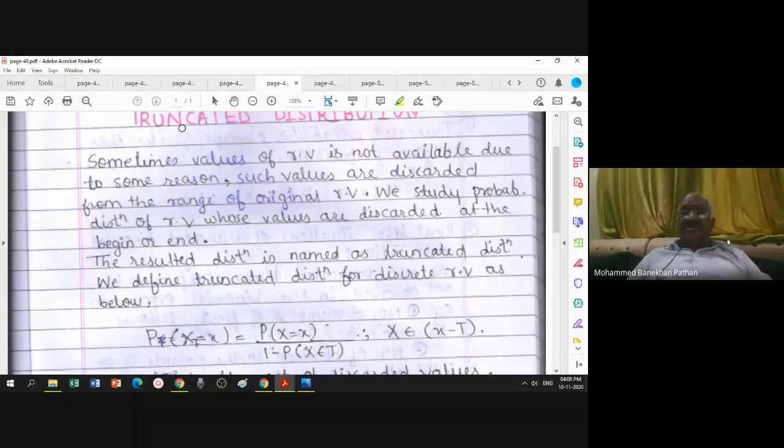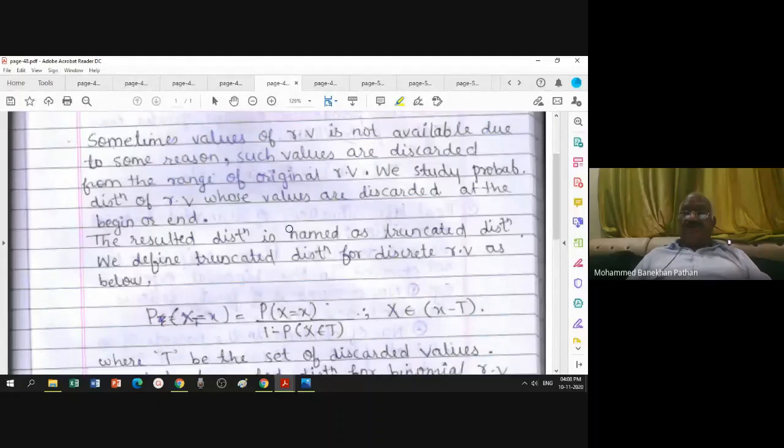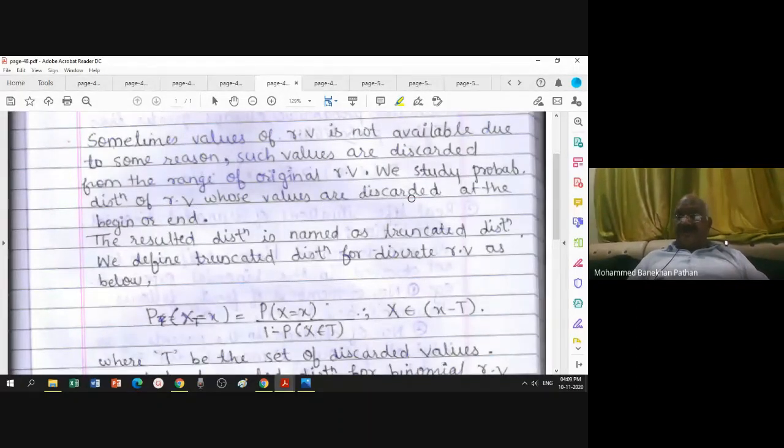So truncation is nothing but a procedure to discard some values from the range, and for the rest of the values study the distribution. We study the probability distribution of a random variable whose values are discarded at the beginning or at the end.